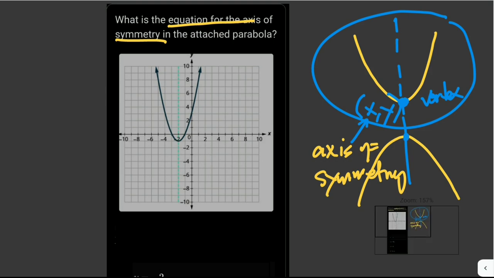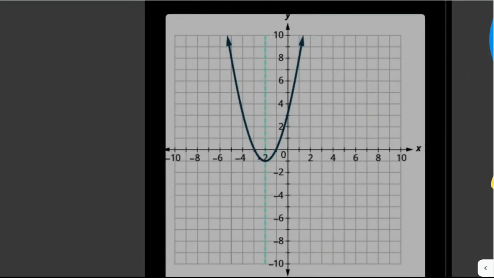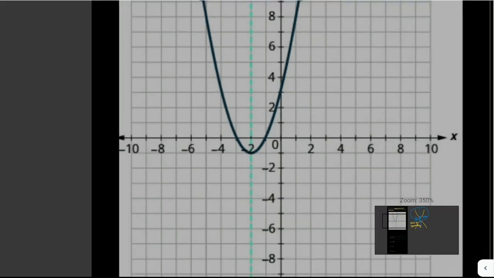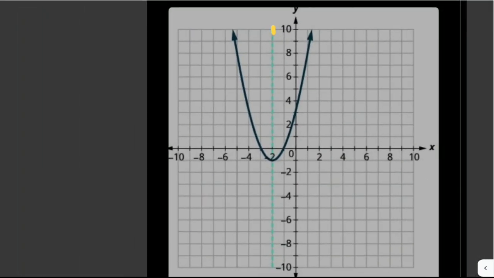Now let's take a look at the given graph again. Notice that there is this blue-green, or turquoise, broken line that cuts the parabola into two equal halves, and it goes through its vertex.